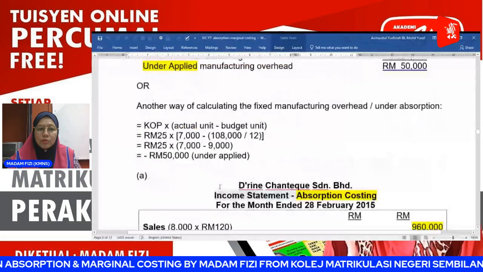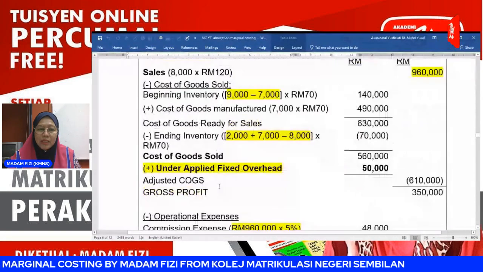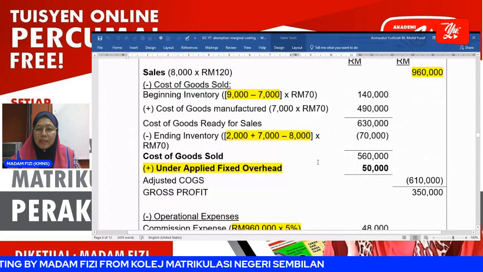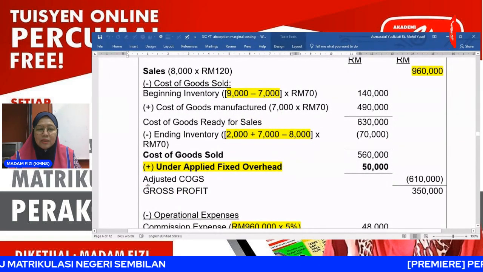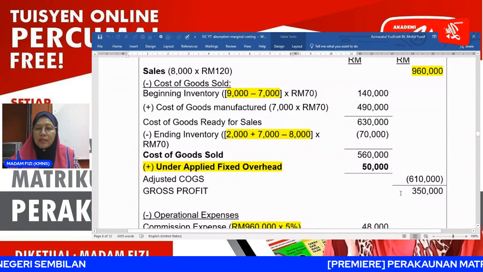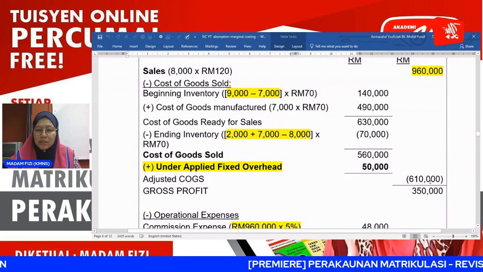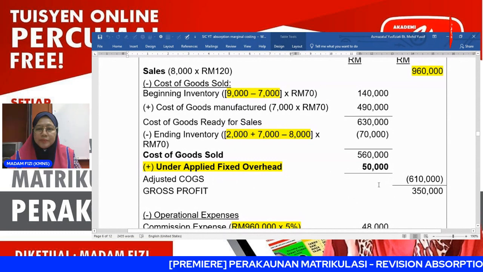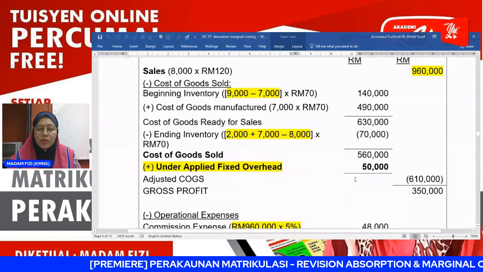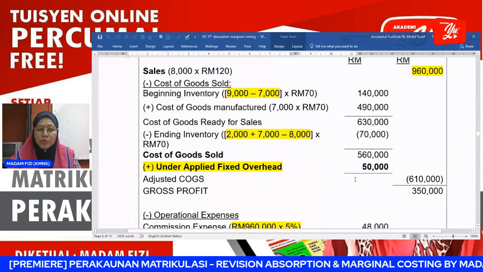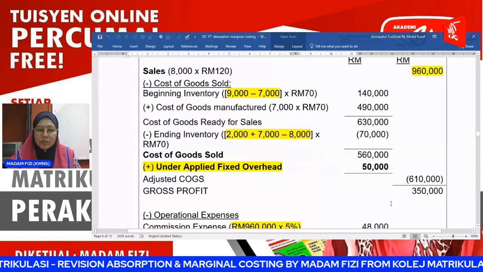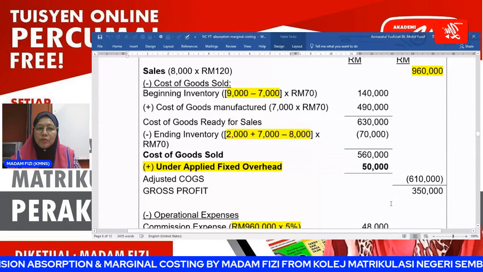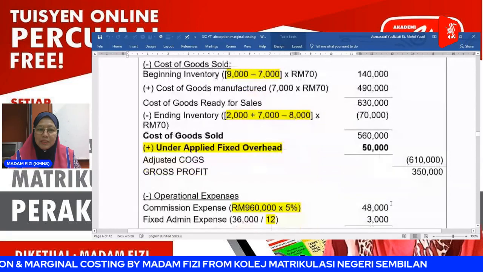So you have to add the under applied fixed overhead, the RM50,000. Then you get the adjusted cost of goods sold of 610,000. Okay, so sales minus cost of goods sold equals to gross profit 350,000.